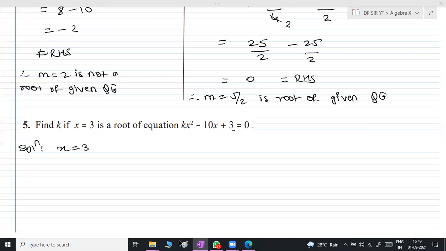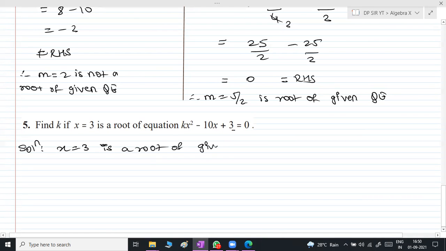So x is equal to 3 is a root of the given quadratic equation, isn't it? Therefore, substituting x is equal to 3 in the given quadratic equation.